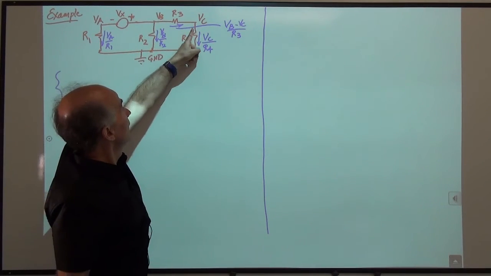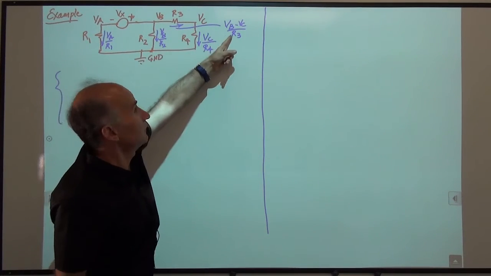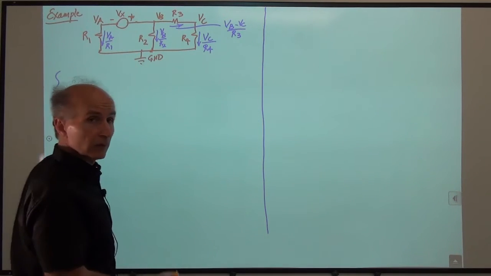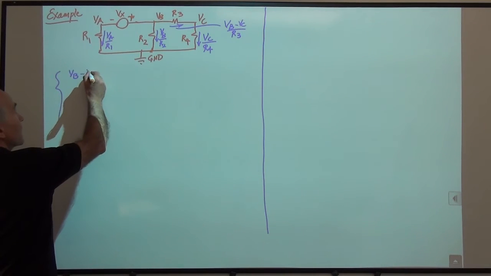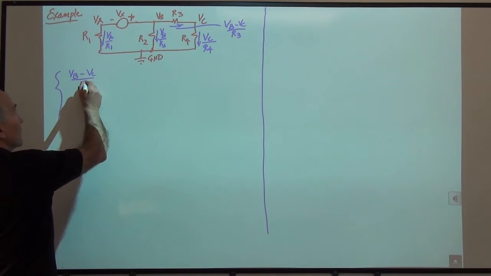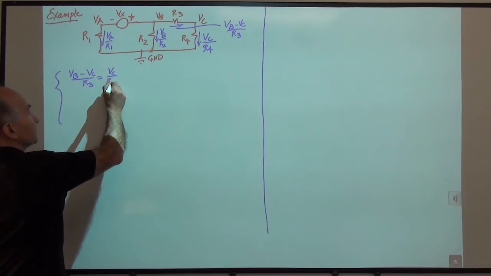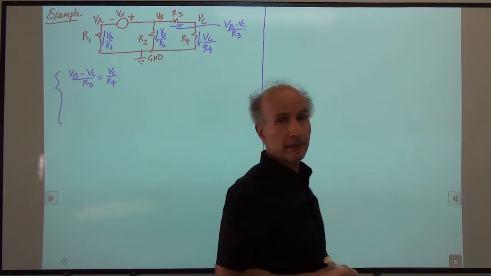Well, I have a current going this way and a current coming in. So the current coming in is VB minus VC over R3, and that has to be equal to VC over R4. So that's easy enough. VB minus VC over R3 is equal to VC over R4. Okay, that's great.